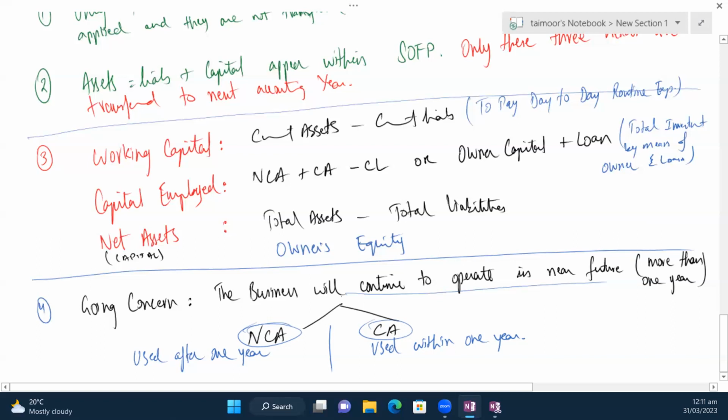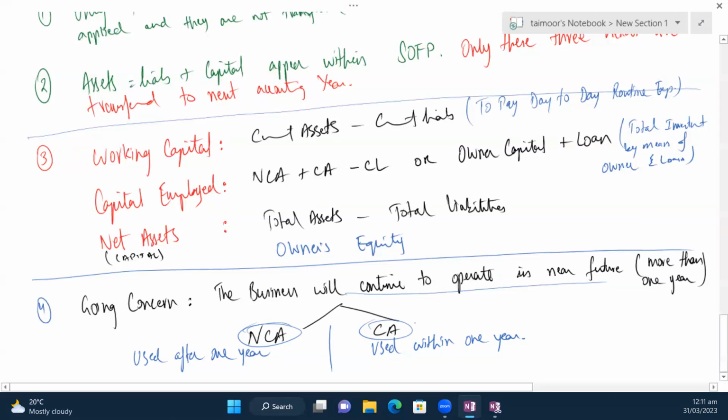Current assets are the one which keeps on rotating. Like, for example, you keep on buying inventory, it will finish, you'll buy more, it keeps on coming and going. The bank balance will keep on changing, increasing, decreasing. Your trade receivable balance will keep on increasing and decreasing. ठीक है जी.